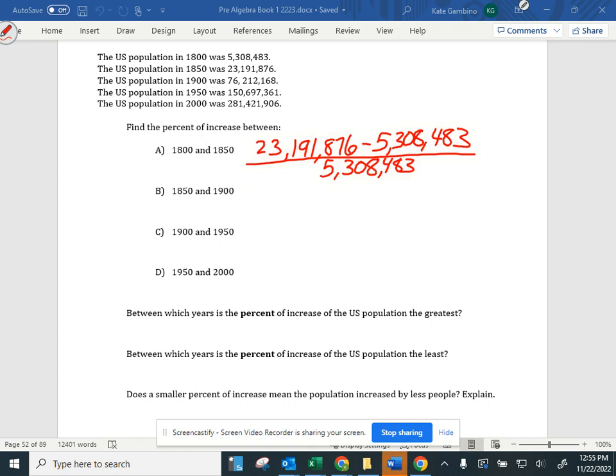I'm going to do it on the calculator so I don't make those simple mistakes. 23,191,876 minus 5,308,483. Oh, and somehow I got messed up with that. Pressed the wrong button. 23,191,876 minus 5,308,483.